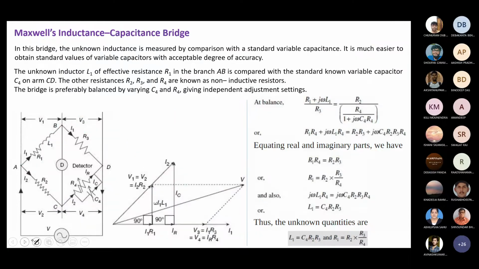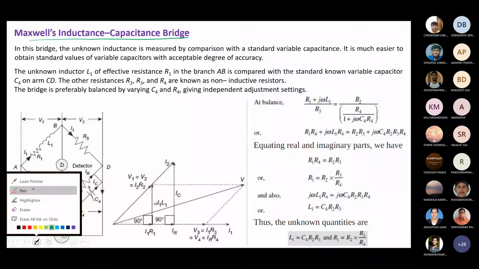Next, we are considering the Maxwell inductance-capacitance bridge. So here we can see Maxwell's inductance-capacitance bridge. What is written over there?